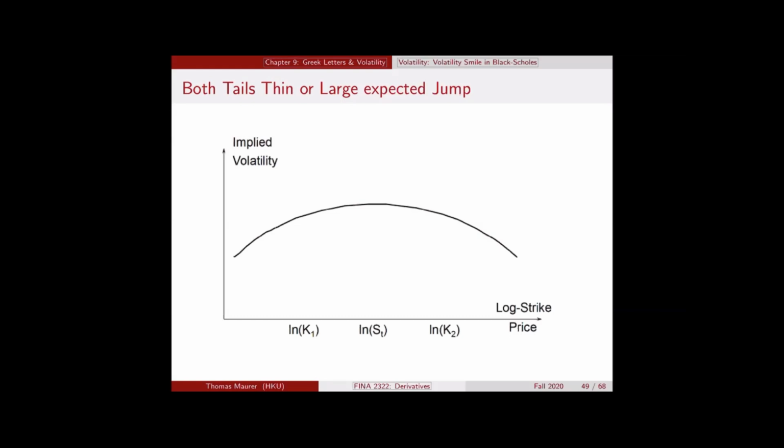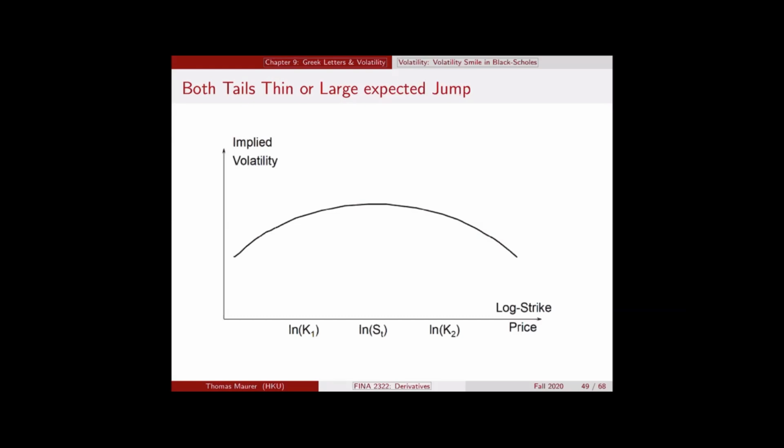So that would mean that the tails are actually thinner on the left and on the right hand side of the actual risk neutral probability distribution of the returns, compared to a normal distribution of this risk neutral probability of these returns with a volatility of the at the money option.